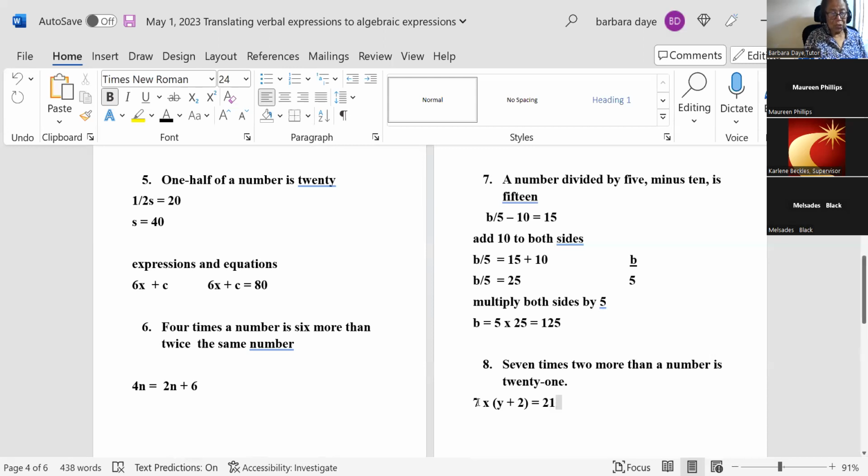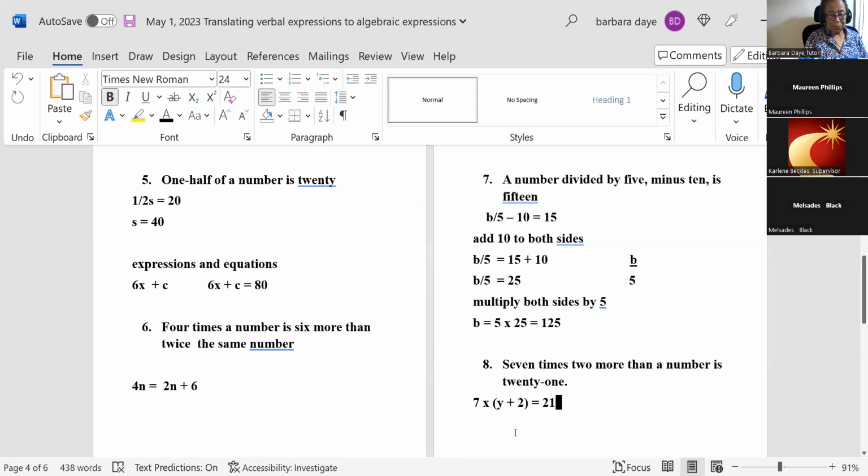Okay. So 7 times, and you didn't need the times here. You could just put 7 in front of the parentheses, but it's okay if you put it here. But the point is 2 more than a number is multiplied by the 7. So that's why we had to put it in parentheses, because y plus 2 is 2 more than the number y.